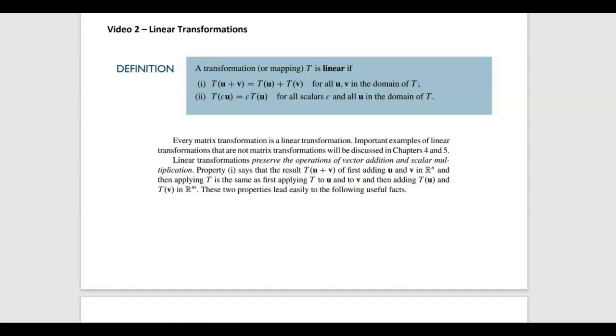So every matrix transformation that we're going to do is a linear transformation. More important examples of these that are not matrix transformations will be discussed later on in the course. We say that the operations of addition and scalar multiplication are preserved. That's a more official way to say these things are met.